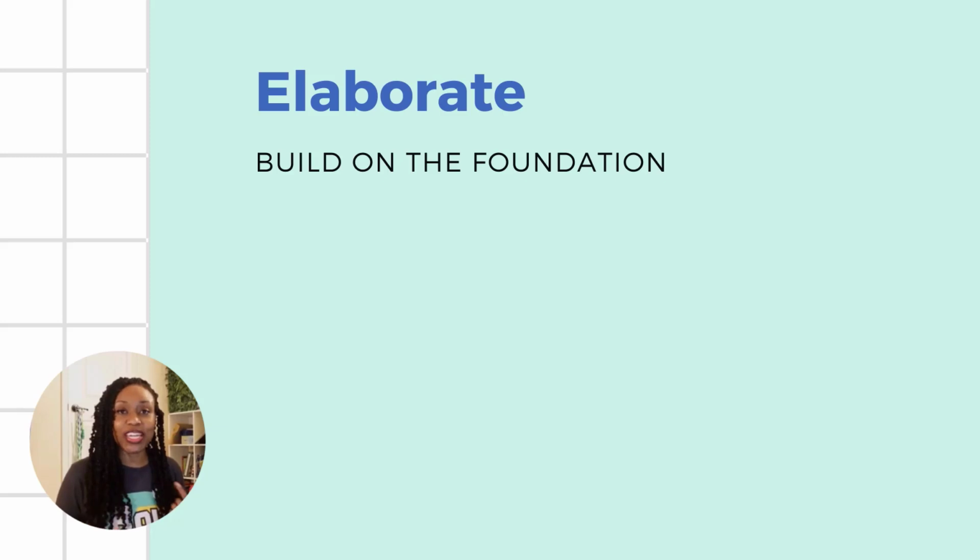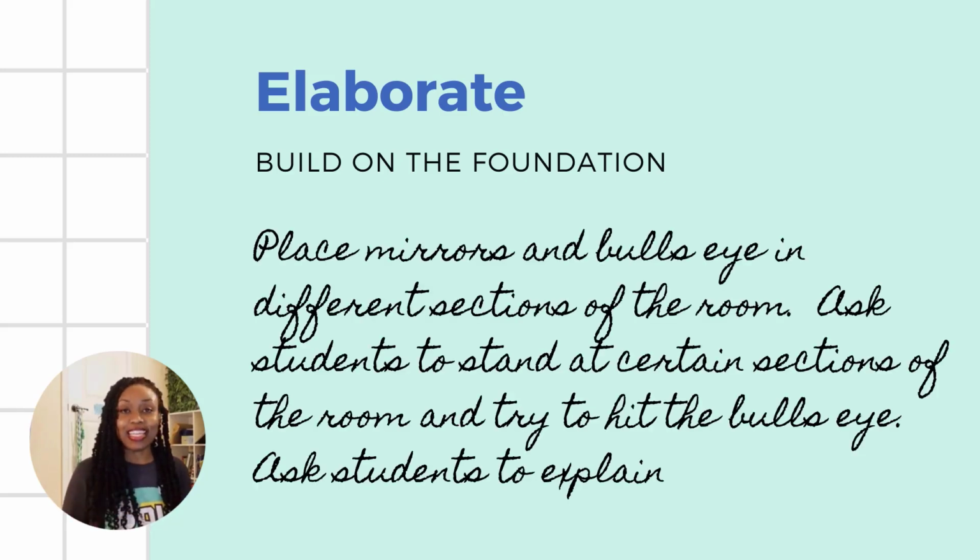So we've been talking for a bit, and I may have started to lose some of the kids. So I'm going to re-engage them and elaborate on what they've learned. This time, we're going to do an experiment as a whole class. Before class, I've already strategically placed bullseyes in different areas and walls of the classroom. I have a mirror that I bust out, and I have one child take the mirror and stand anywhere in the classroom that he or she likes.